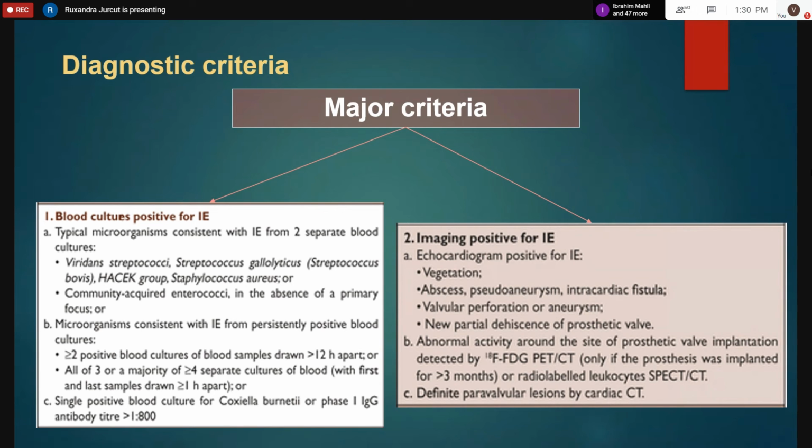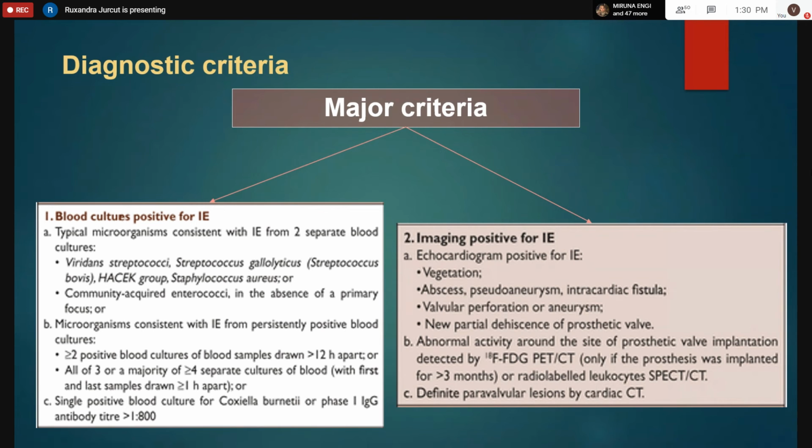With imaging, what is a positive, a major criterion? We see the vegetations. I showed you some images. So if you see such a vegetation, then you have 1 major criterion. Or we see the abscess, or we see the aneurysm, or the perforation of the valve, or we see the dehiscence of the valve.